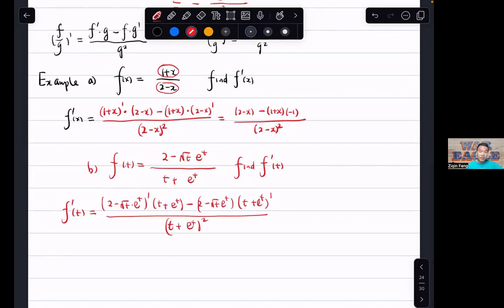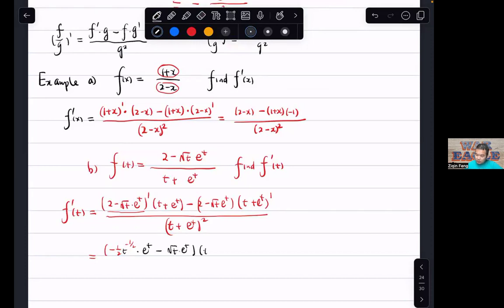Now we want to differentiate the smaller terms. For the numerator's derivative you have to use the difference rule, and for the second term you have to use the product rule. 2 prime is 0, we know that. So this is negative: the derivative of root t is 1 over 2 times t to the negative 1/2, times e to t, then minus root t times e to t, because the derivative of e to t is still e to t.